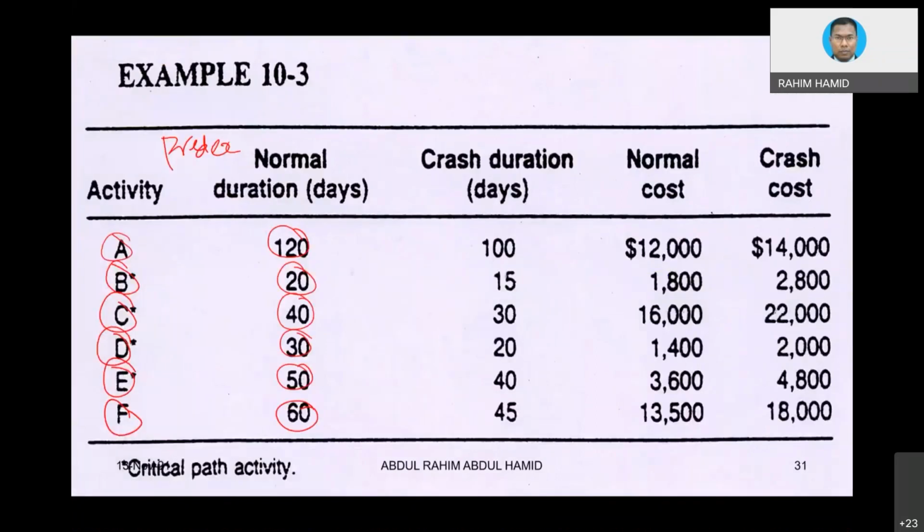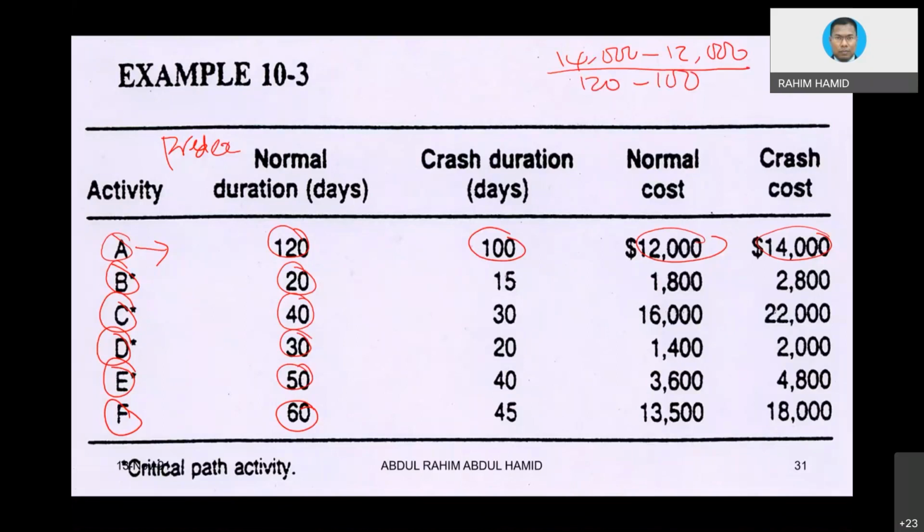Then number two is you need to calculate the cost slope, because the cost slope is not given. So how do you calculate the cost slope? Again, I just give you one example for A. For A, take the difference between 14,000 minus 12,000, divided by the difference between 120 and 100.